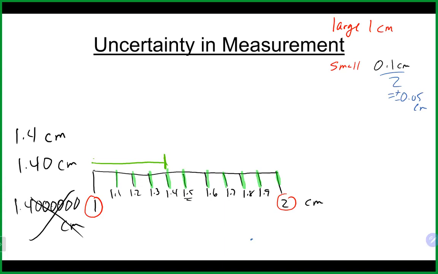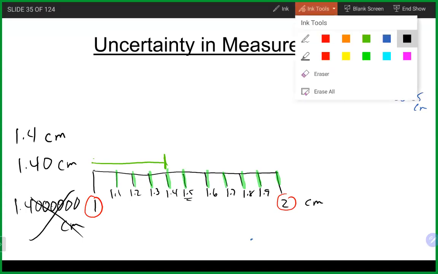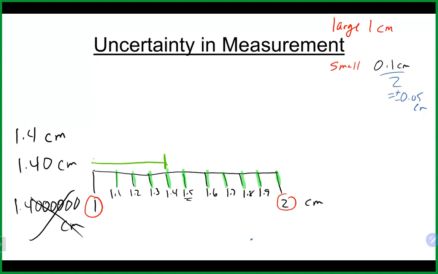All right. So is there a difference between 1.4 and 1.40? The answer is there is actually a difference between them. So let's take a look at each of these so we can see the difference. When I look at 1.4 written like this, it has how many significant figures? It does have 2 significant figures.